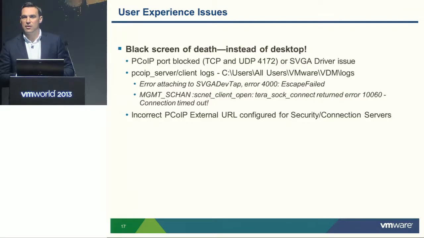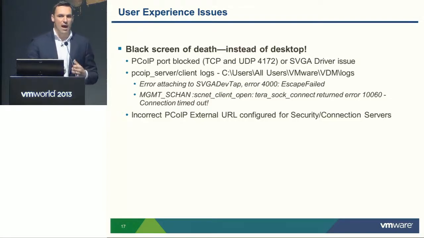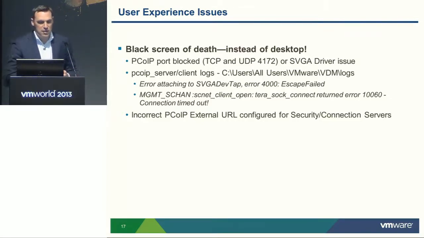The other issue could be that someone has overwritten the display driver on the virtual desktop, so we don't have the correct PCoIP bits on the virtual desktop. You'll see this in the PCoIP server logs, which sit on the View agent. If there was a firewall port issue, you'll see this connection timed out.